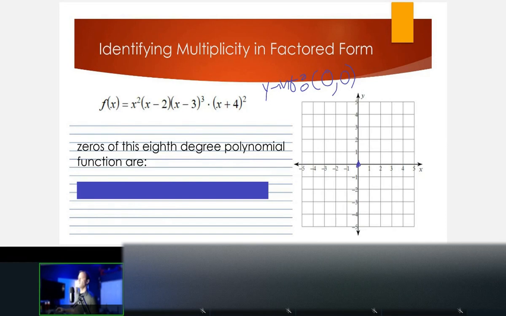All right, class, what are the zeros and their multiplicities of this 8th degree polynomial? All right, so looks like we got a lot of agreement here. 0 multiplicity 2, 2 multiplicity 3, 3 multiplicity 3, and -4 multiplicity 2.